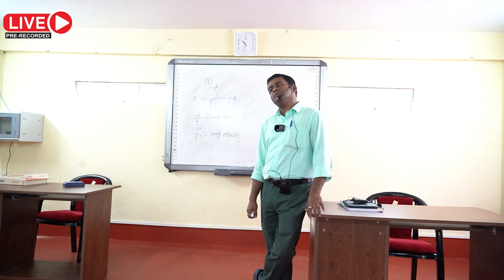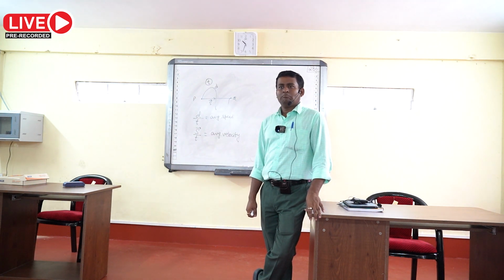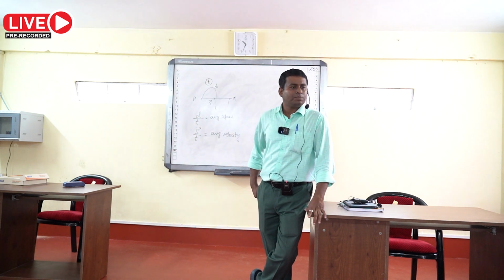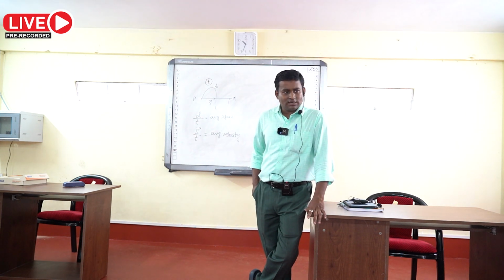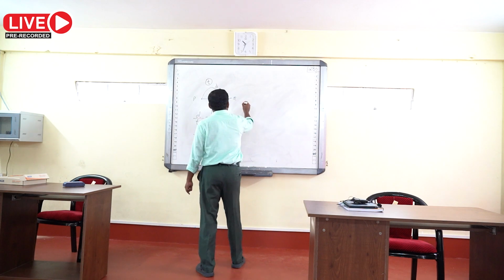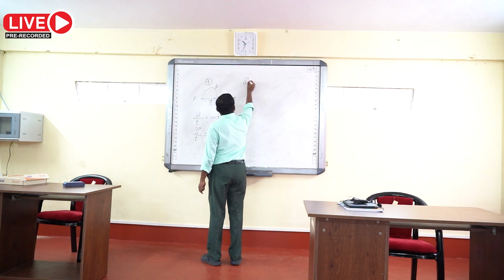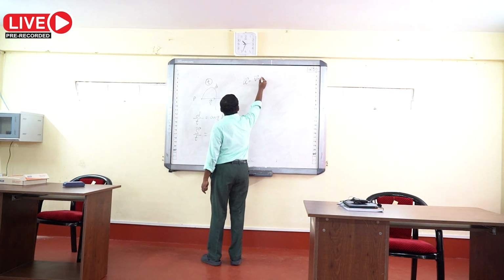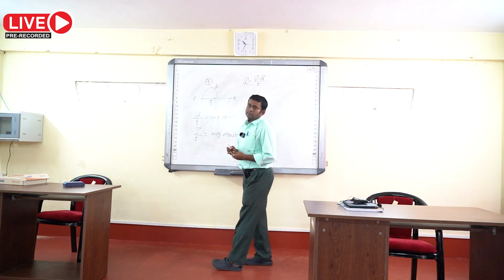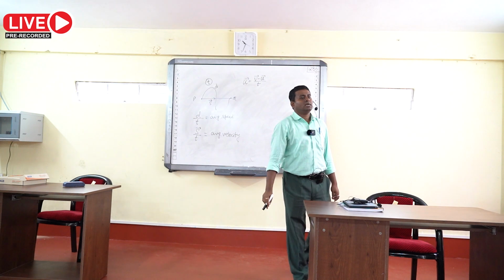So this change in velocity vector per unit time, that is called the rate of change of velocity vector, which is called the acceleration. So generally it can be written as A equal to V minus U by T. It is taken as the acceleration.